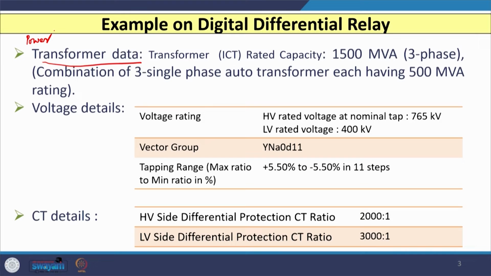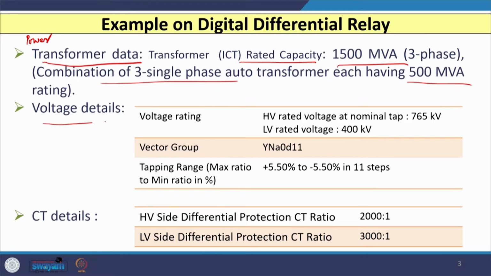So, let us assume that the transformer available is ICT, that is interconnecting transformer or auto transformer, and its 3 phase rating is 1500 MVA. When we look at auto transformers in the field, normally we use a bank of 3 single phase auto transformers. So, each has, let us say, a rating of 500 MVA.